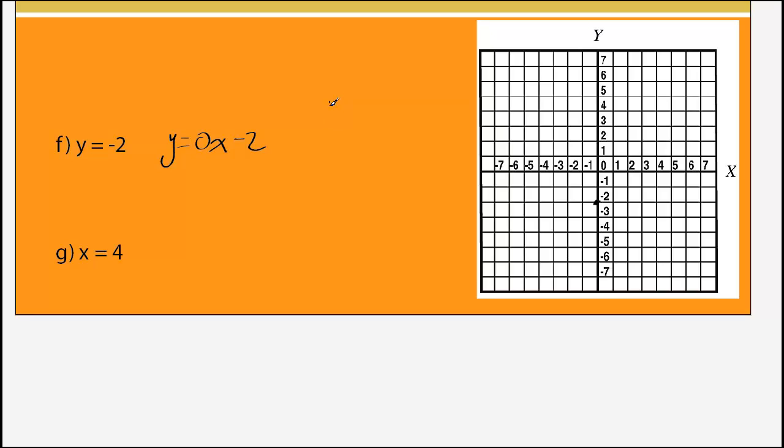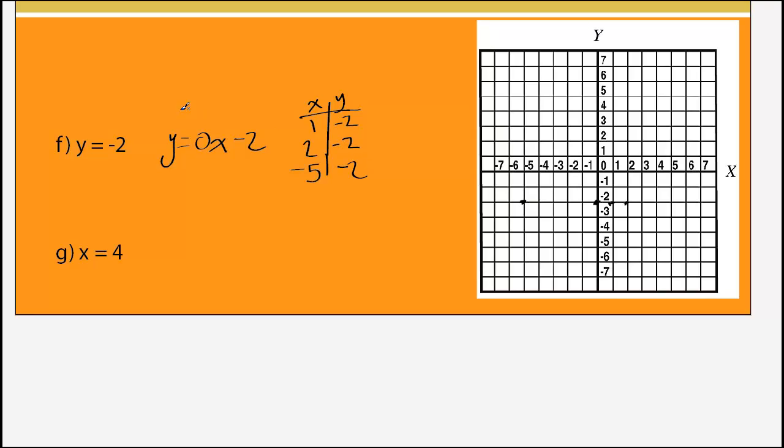So let's just take a look at it in a t-chart. If our x was 1, we'd be at negative 2. Our x was 2, we'd be at negative 2. X was negative 5, we'd be at negative 2. So here we go, 1, we're at negative 2. 2, we're at negative 2. Negative 5, we're at negative 2.